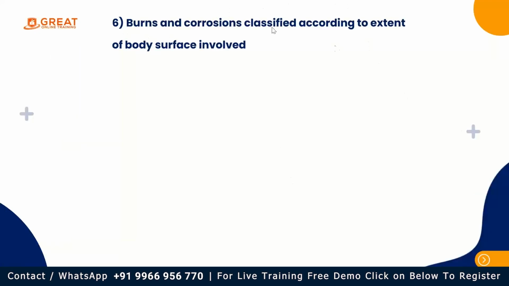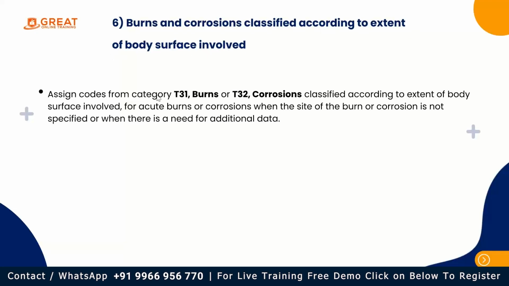So next point, burn and corrosion classified according to extent of body surface involved. Assign a code from category T31 burns or T32 corrosions classified according to extent of body surface involved, for acute burns or corrosions, when the site of burn or corrosion is not specified, or when there is a need for additional data.